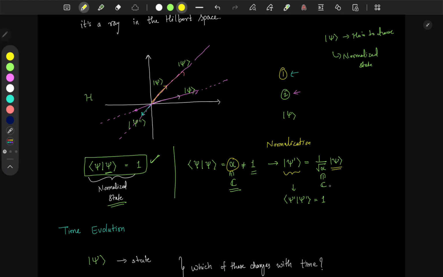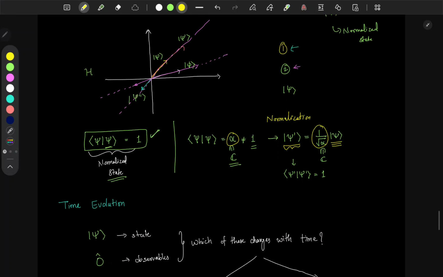Since this is just a number, psi prime and psi both represent the same quantum state. And when you take the inner product of psi prime with itself, you will get 1 as an answer. You can just check it. Okay, so this psi prime becomes a normalized state, and the number by which we multiplied the unnormalized vector to normalize it is called the normalization constant.